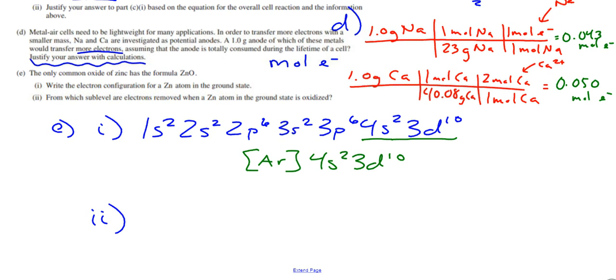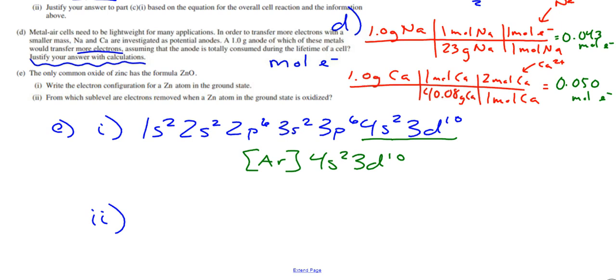So don't get confused. I know why they're asking this. They're trying to confuse you and say, well, where were the last electrons placed? It doesn't matter. The last electrons, those 3Ds, are here. Those 4S's are here. That's how you want to envision that. So the electrons are always removed from the outermost energy level. So if it was a 4s2, 3d10, 4p1, it'd be removed from the 4p first.